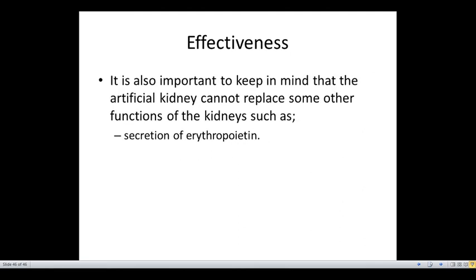It's also important to keep in mind that the artificial kidney cannot replace some other functions of the kidneys, such as secretion of erythropoietin. With this, I end today's lecture.